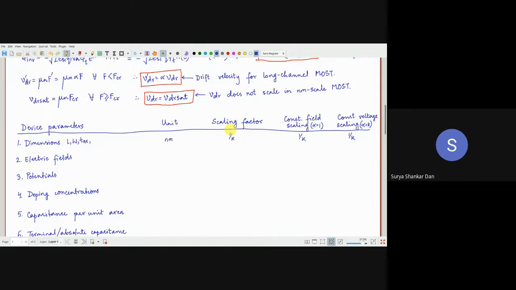Okay, very good. Now comes the electric field. What are the various fields you will get? Any general field inside the device. It can be the lateral field or the vertical field. Units, volts per centimeter. What was the scaling factor?